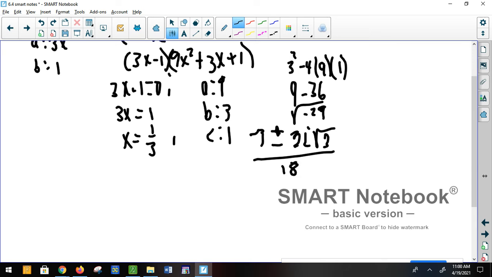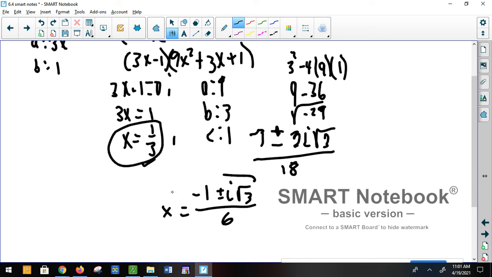So we can divide a 3 out of the negative 3, the 3i, and the 18, and you're going to end up with negative 1 plus or minus i root 3 over 6. All right, so your 3 solutions are x equals 1/3 and x equals negative 1 plus or minus i root 3 over 6.